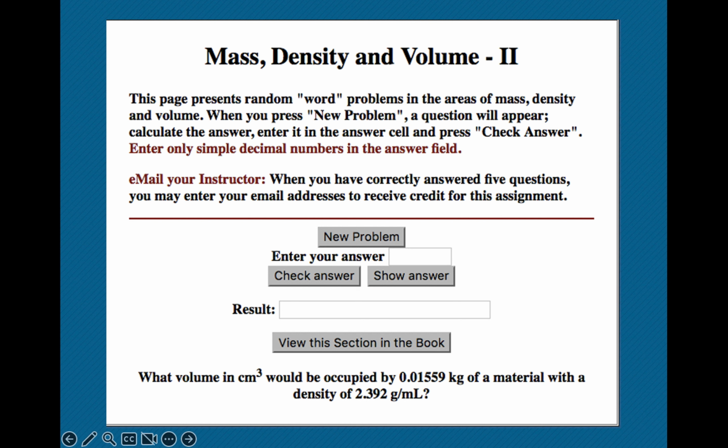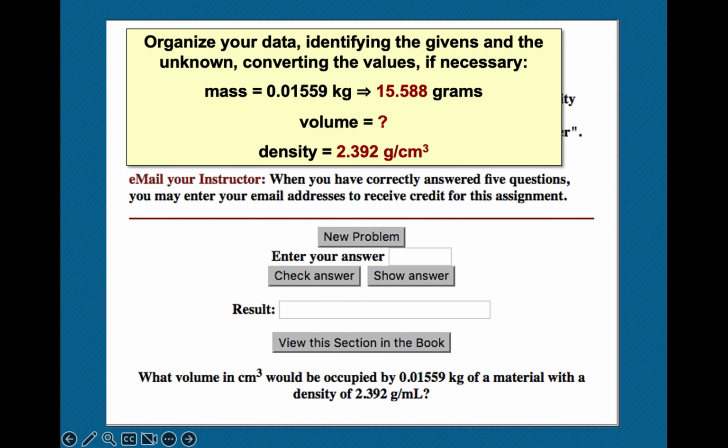Our density, 2.3 grams per mil. Now, mil and cubic centimeters, that's fine. They're the same. We have to convert our kilograms to grams. Our mass was given in kilograms. Multiply it by 1,000, we get grams. We're looking for the volume. We are given the density.